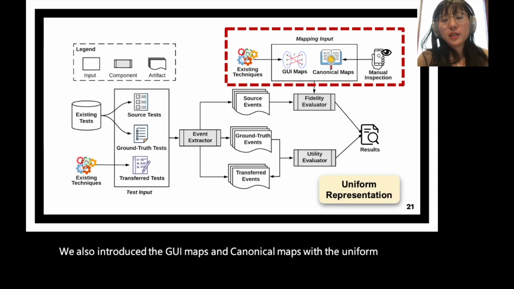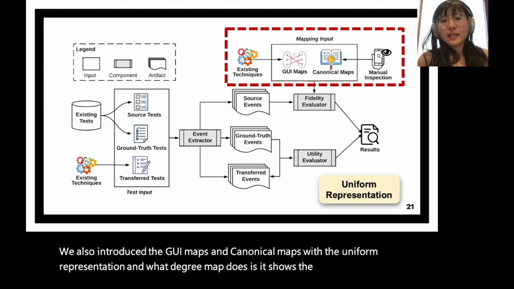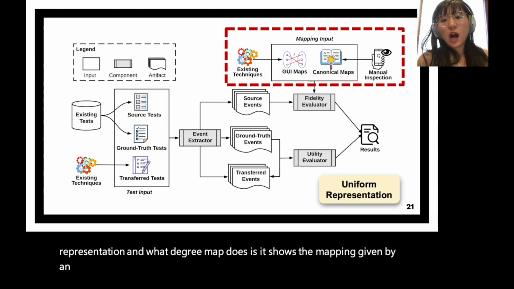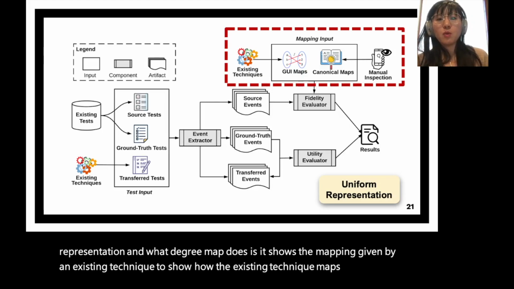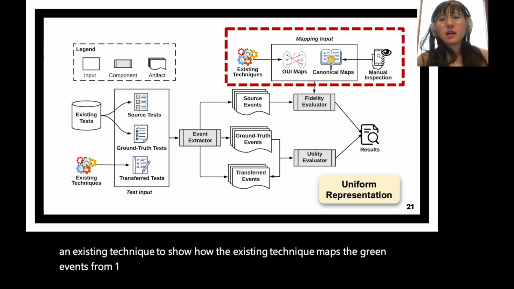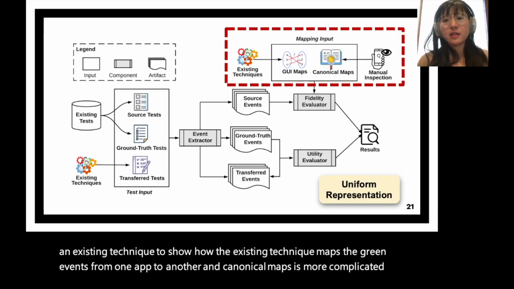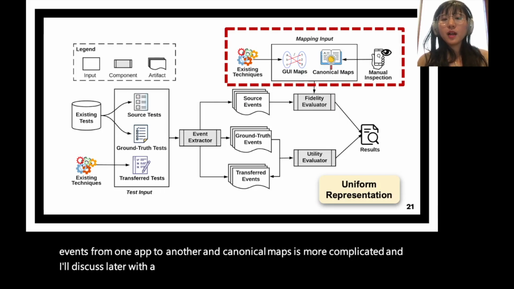What the GUI map does is show the mapping given by an existing technique, to show how the existing technique maps the GUI events from one app to another. And the canonical map is more complicated, and I'll discuss it later with a concrete example.